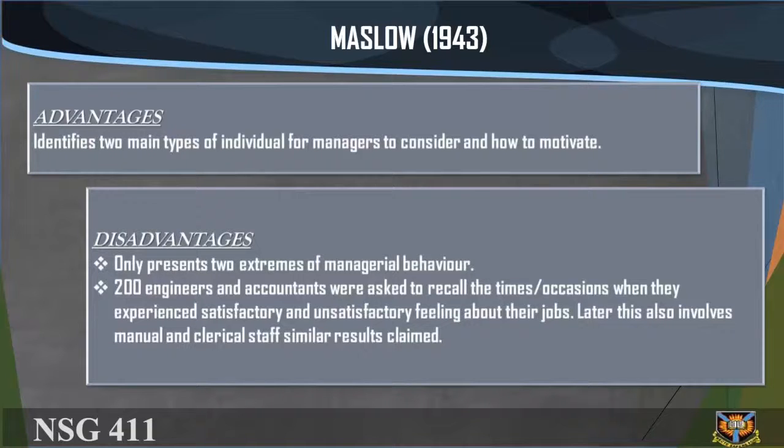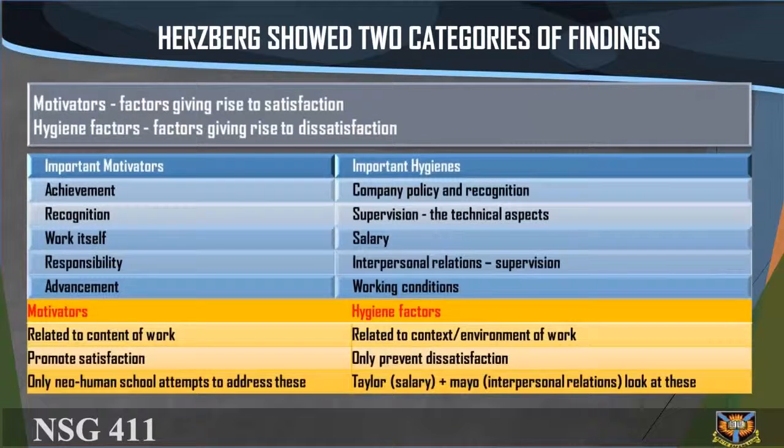Herzberg: 200 engineers and accountants were asked to recall the times, occasions when they experienced satisfactory and unsatisfactory feelings about their jobs. Later, this also involved manual and clerical staff. Similar results claimed. Herzberg showed 2 categories of findings: motivators, factors giving rise to satisfaction; hygiene factors, factors giving rise to dissatisfaction.